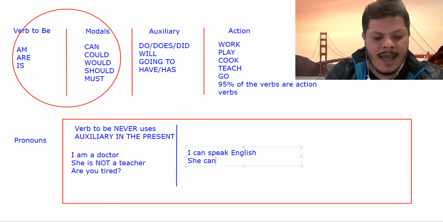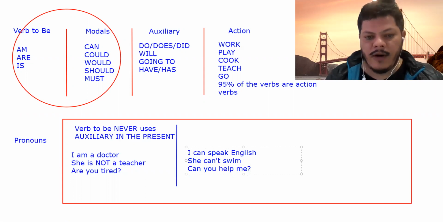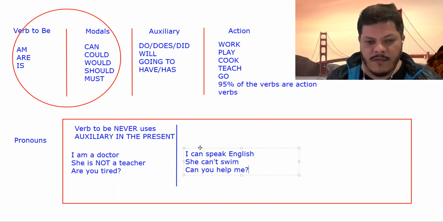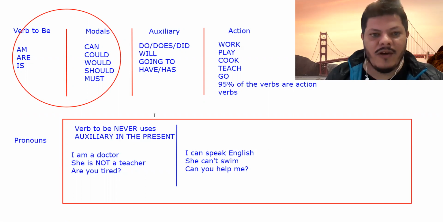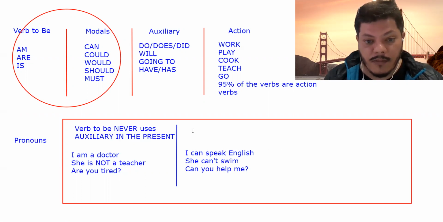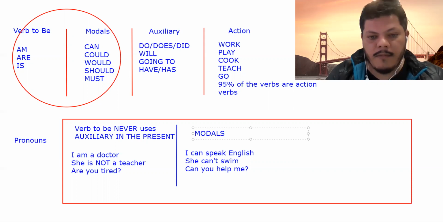She can't swim. Can you help me? Right? Look at that. Same formula, very similar to the verb to be, because again, that's what we call strong verbs. Let me put here modals. Oops, sorry, modals. All right.